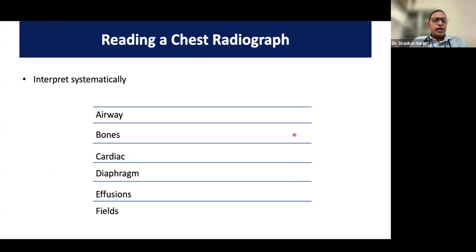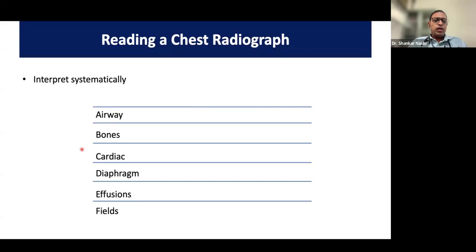Some say start from outside and read inside, like starting from the extrathoracic soft tissue to the central airways. So both ways you can practice, but whichever way you practice, you should always cover all the structures that are there in the X-ray.